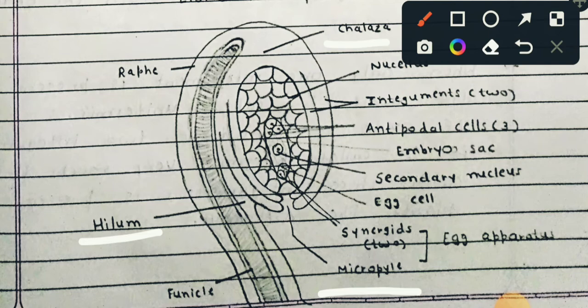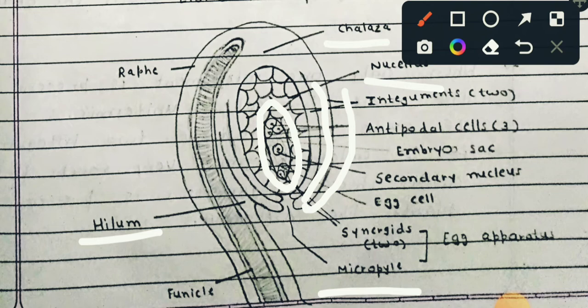They are opposite in the anatropous ovule. There is nucellus, which is the main part of the ovule which provides protection and nutrition to the developing embryo sac. There is a main part at the center which is known as embryo sac. There are integuments which cover the ovule.